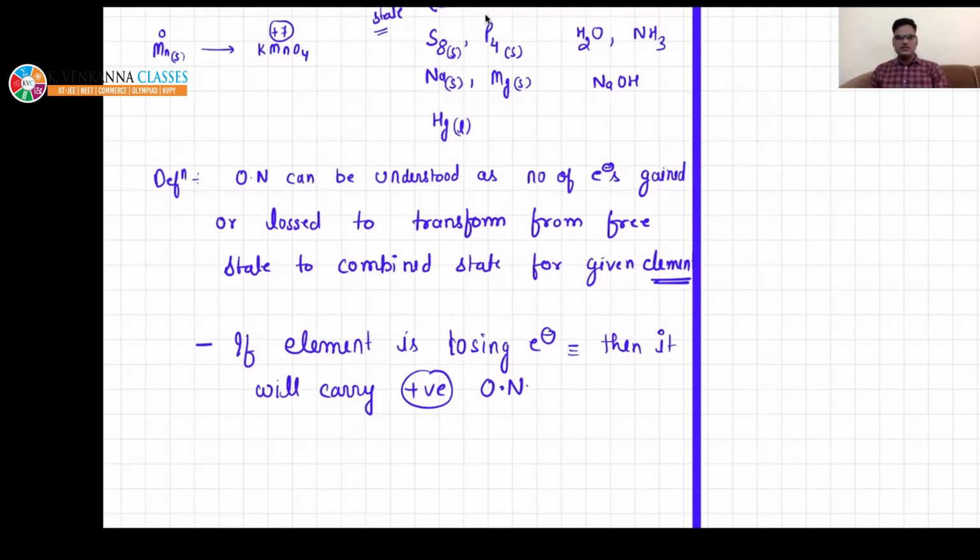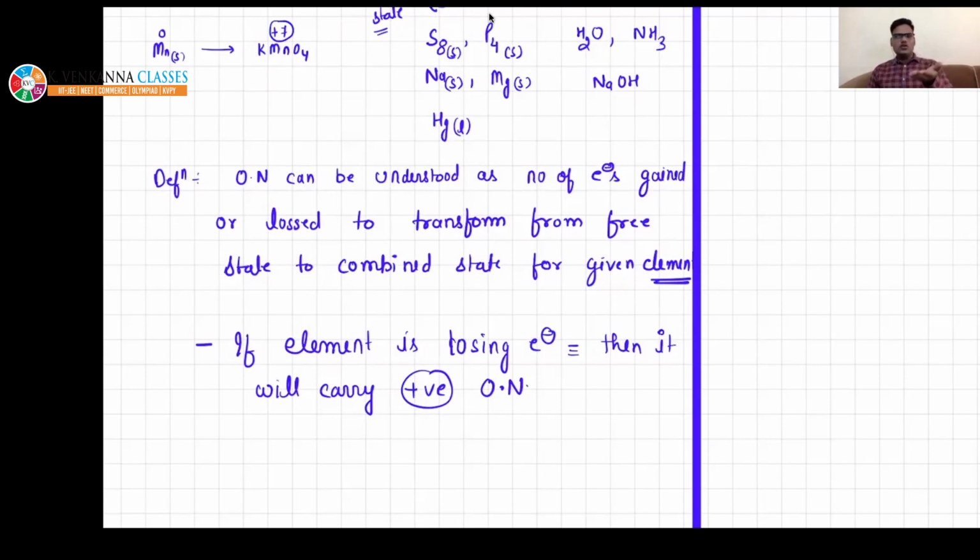If someone is losing electrons, as I have told you, atoms are electrically neutral. If you remember from the initial classes, they contain the same number of positive charges and negative charges. But as electrons are being lost, the negative charge will decrease and relatively the positive charge will increase.